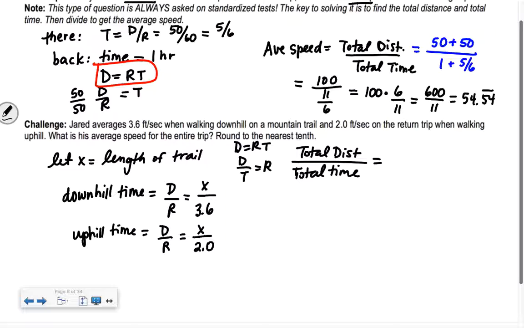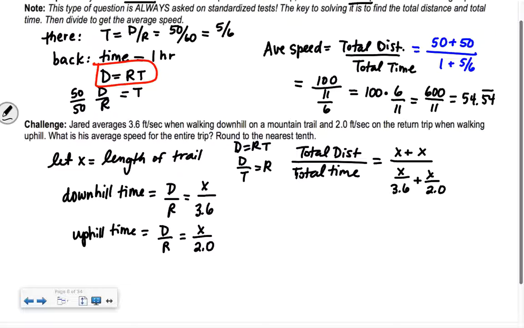So our total distance is he went x feet out, and he went x feet back. So x plus x. And the total time was the x over 3.6 plus the x over 2.0. So it creates this complex fraction that we were just talking about how to solve.